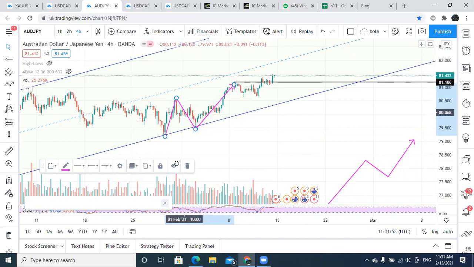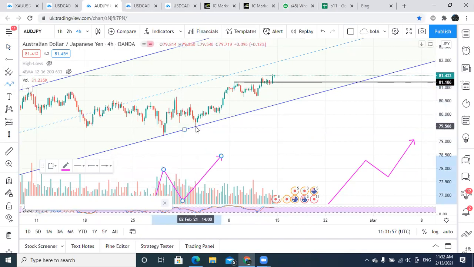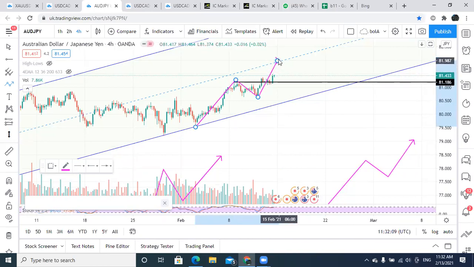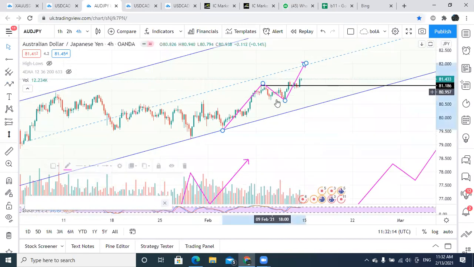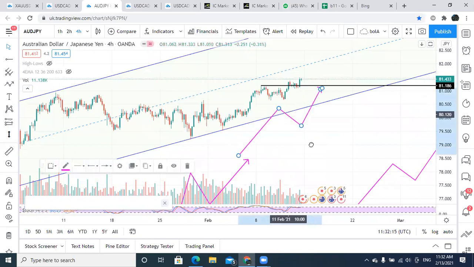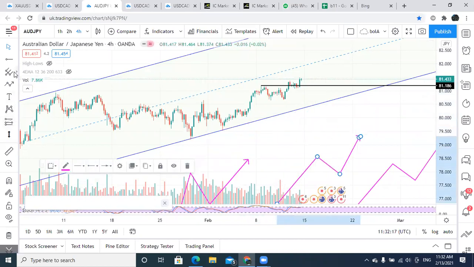So I'll take this one out now. The second one comes in here. This is 0 to 1, the second part, and then we're forming a higher high over here, right? So technically what you want to do, if you're following it down like this, is look for the Fibonacci relationship that I'm seeing in this.